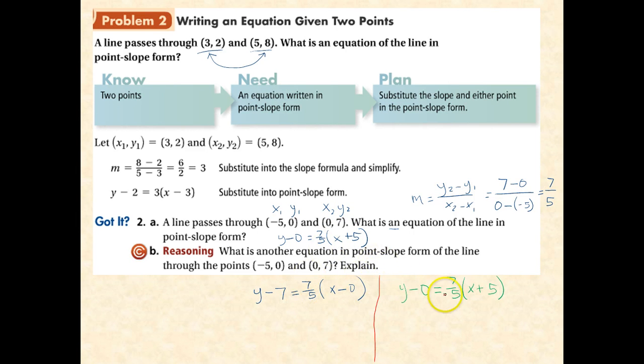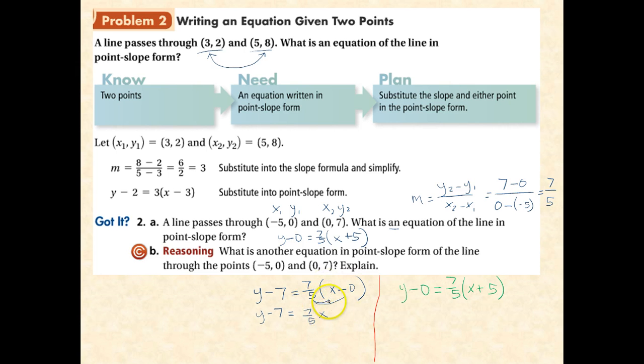So here are our 2 different equations, and I will show you how they describe the same line by putting both of them into slope-intercept form. So I'll start by distributing here. So we got y minus 7 on this side equals 7 over 5 times x.